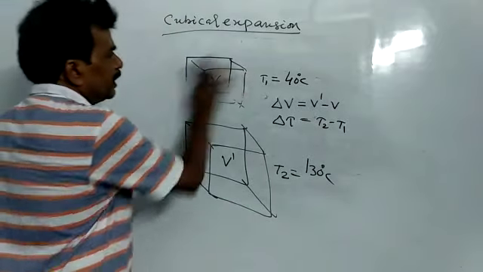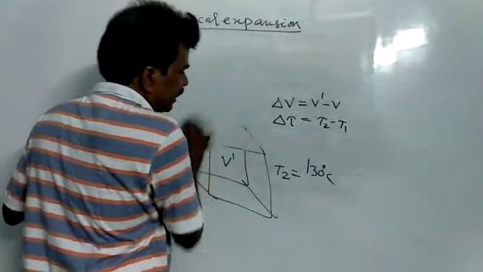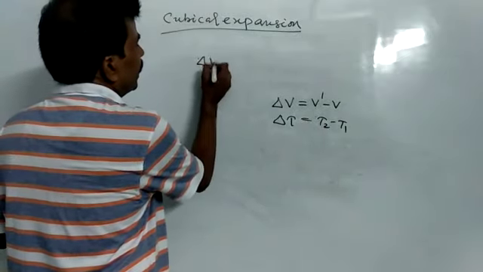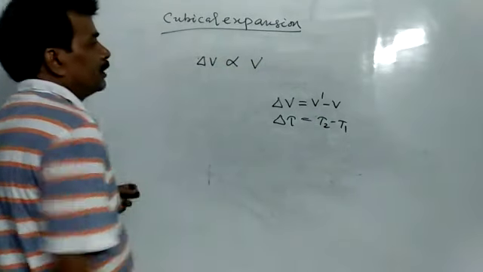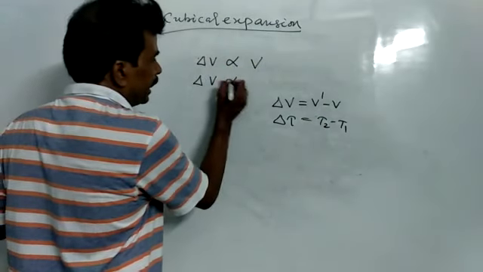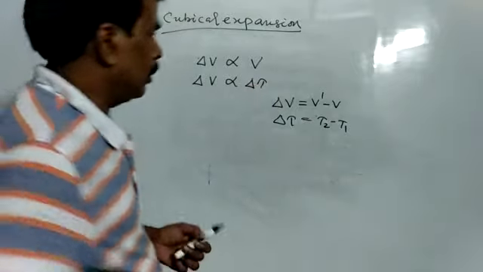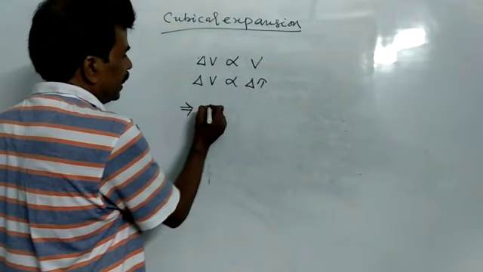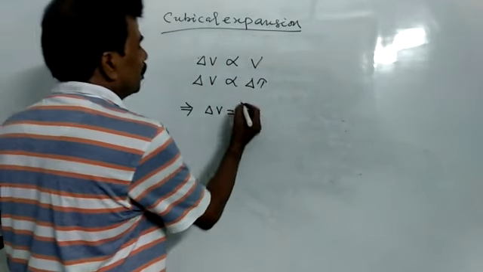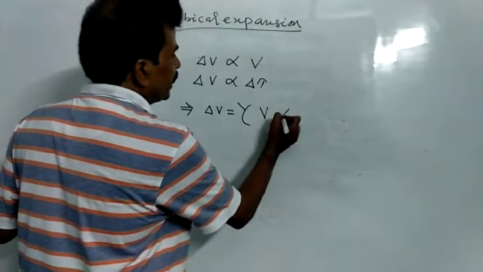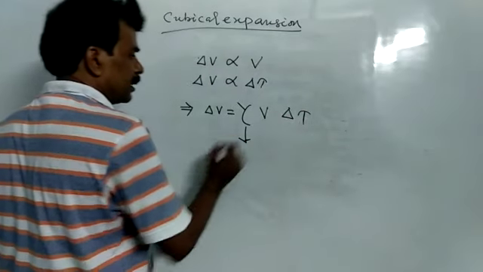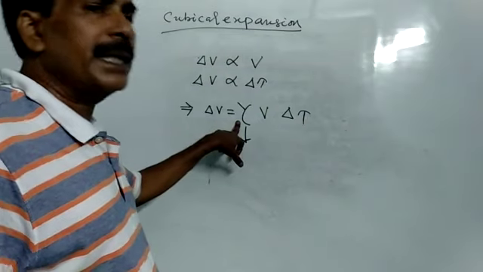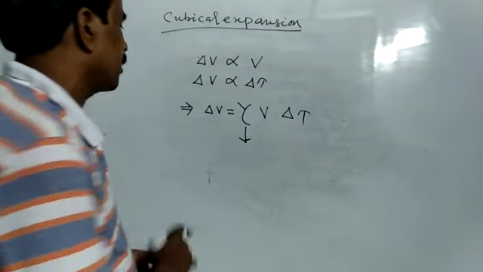So mathematically we can write delta V is directly proportional to V, and delta V is directly proportional to delta T. From this we can write delta V is equal to gamma V delta T. Here gamma is a constant of proportionality, called the coefficient of cubical expansion.